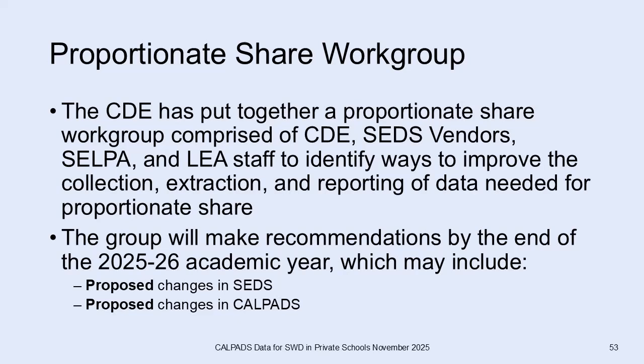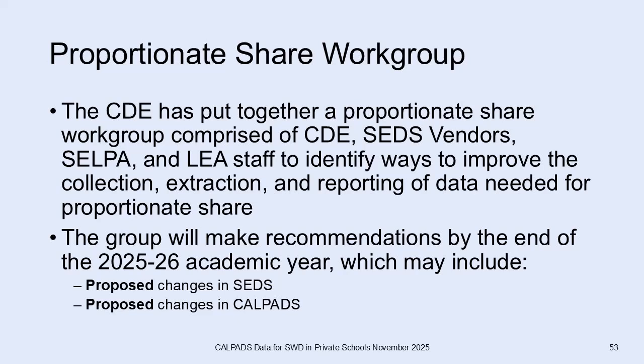There may be changes that your vendors have to implement in order for you to be able to collect and identify these students on an annual basis. We're hoping that we will have some proposed recommendations by the end of the academic year. But as you know, the wheels of CALPADS turn very slowly.